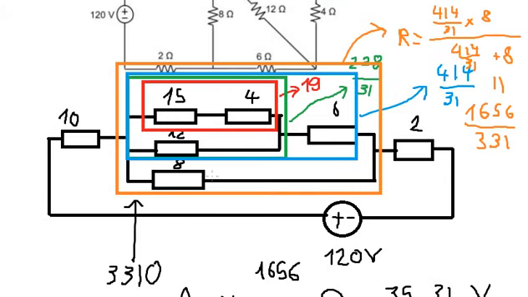However, if we look carefully at number 8 and the big blue in here, we see we just calculated the voltage for number 8 and the blue one. We need to subtract the voltage for number 6 inside the blue.